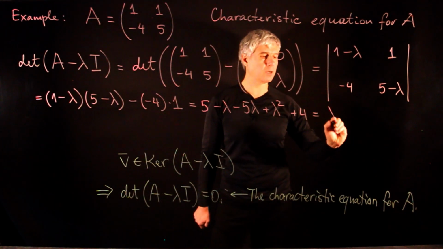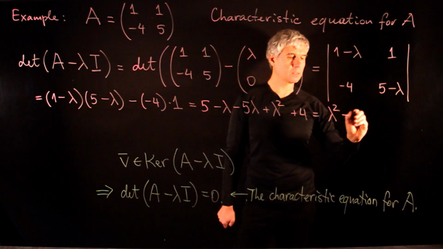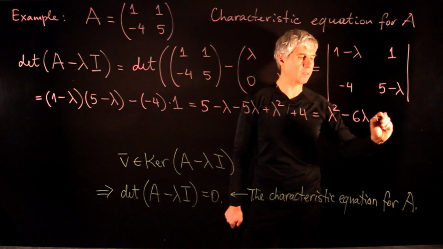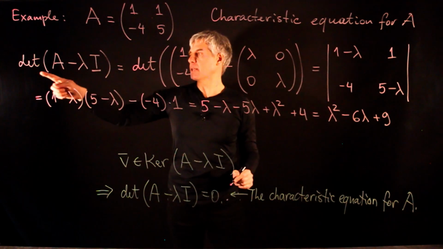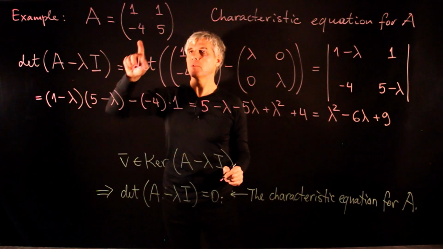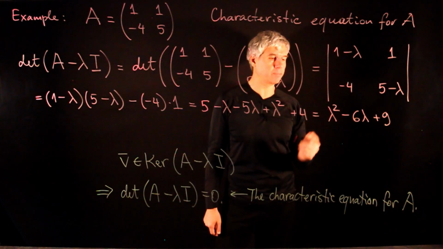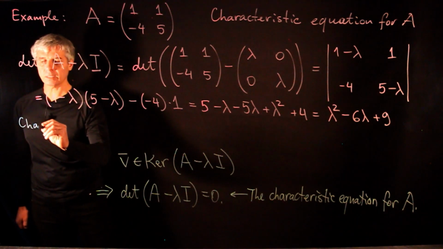And so this simplifies to lambda squared minus 6 lambda plus 9. So we see that this expression, the determinant of A minus lambda I for a 2 by 2 matrix, is a quadratic polynomial in lambda.